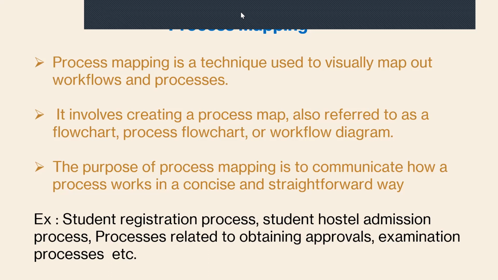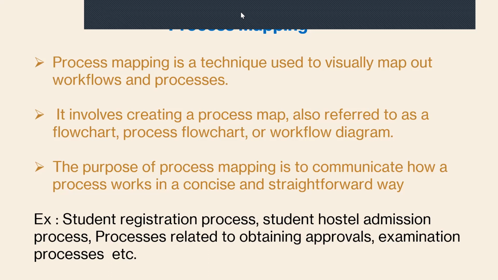to communicate how a process works in a very brief, concise, straightforward way. For example, we can think of our student registration processes, student hostel admission processes, and any processes related to obtaining approvals. Sometimes the lecturers have to get approvals from certain levels. Sometimes the lecturers have to send the documents through the head, through the dean, through admin, through all various ways to the vice chancellors.